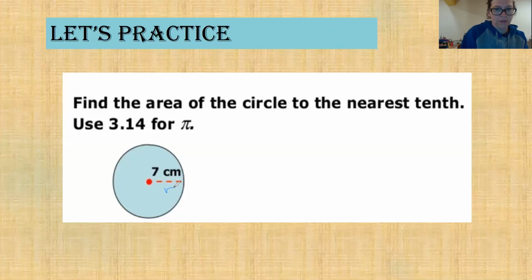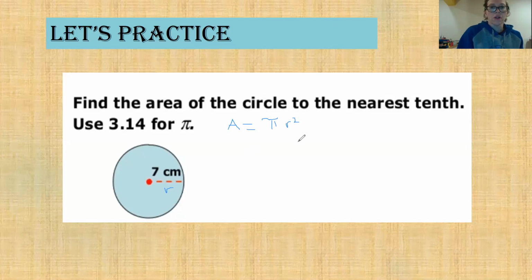So that is our radius. So we have to remember what our formula is, which we said was A equals pi times r squared. So that's the formula that you need to use.